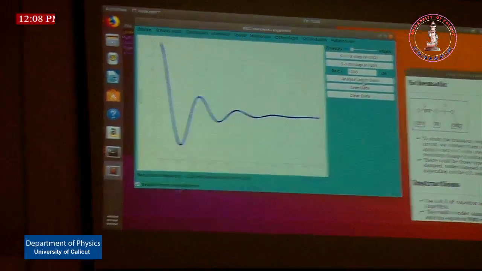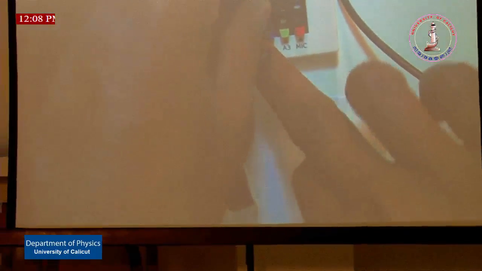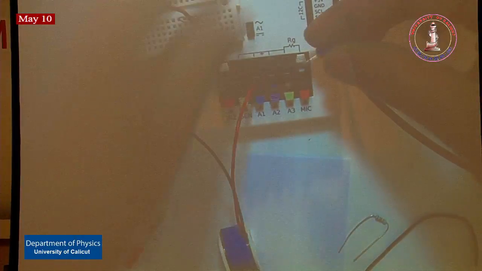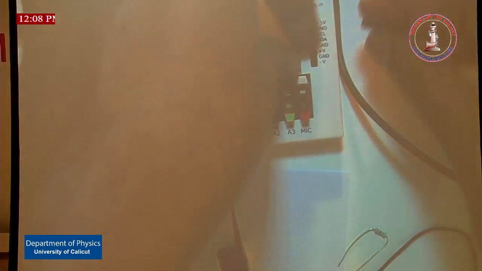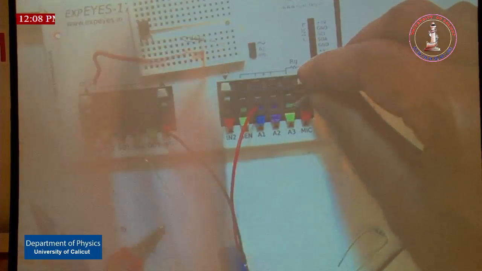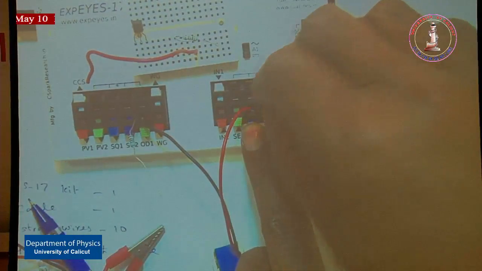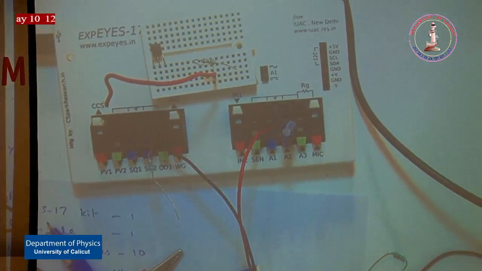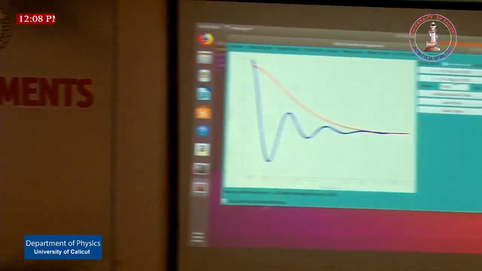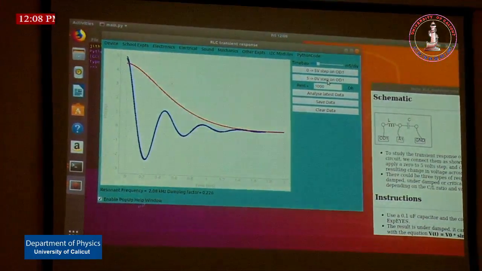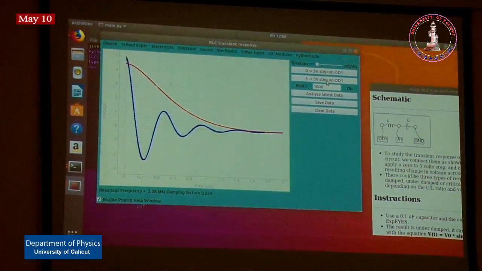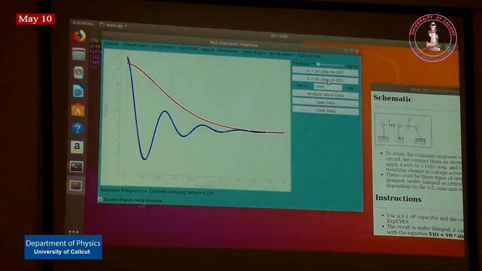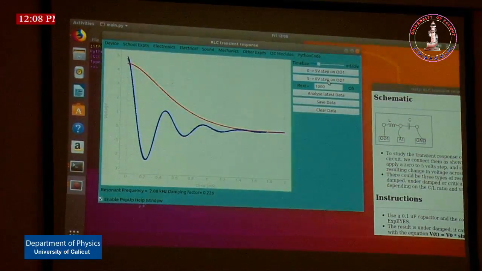So we can try this, and it is going to be heavily damped, because the square root of C by L decides the damping factor. It's heavily damped, right?